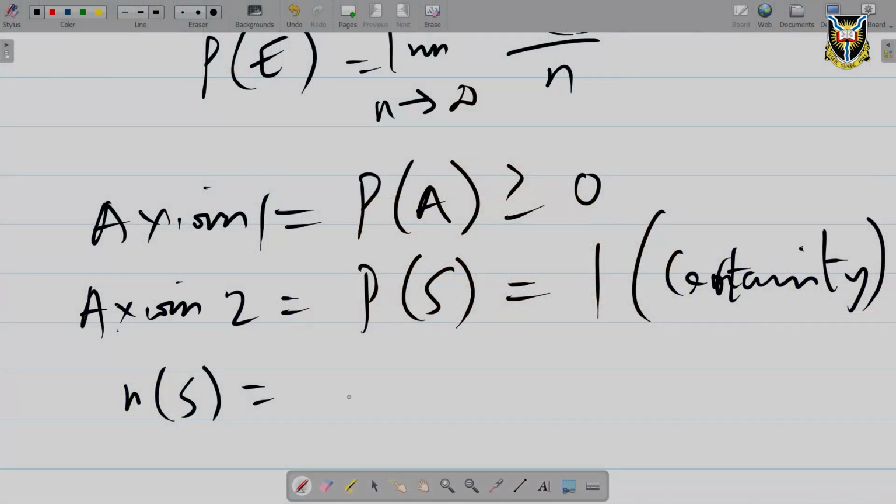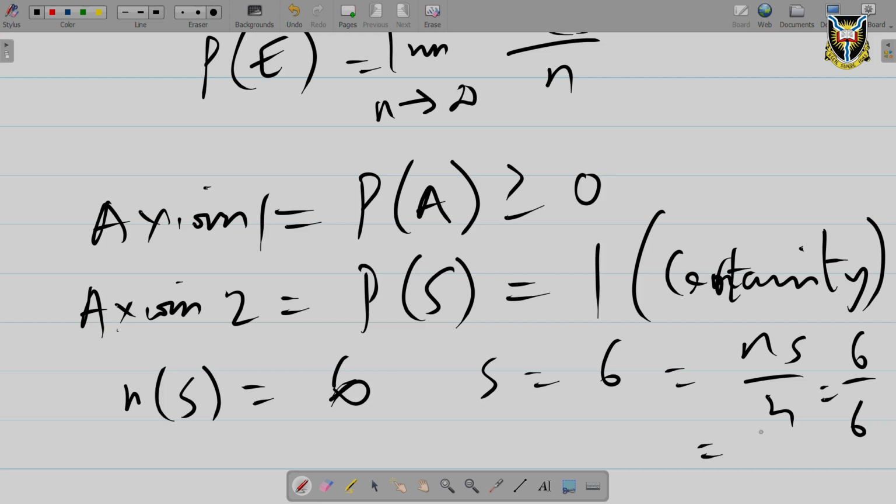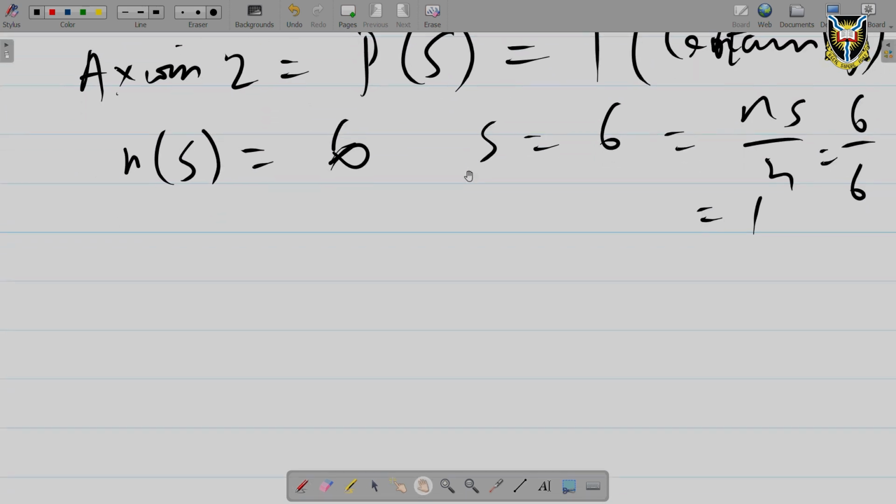If I throw a die, what is the probability that a figure between 1 and 6 will come up? If you say a figure between 1 and 6 will come up, that is a certain event. All right? Because n of S consists of 6 elements, and S itself consists of 6 elements. So this becomes n of S over n, which is 6 over 6. And that will give us 1. And that is why we say probability of S equals 1, which depicts certainty.